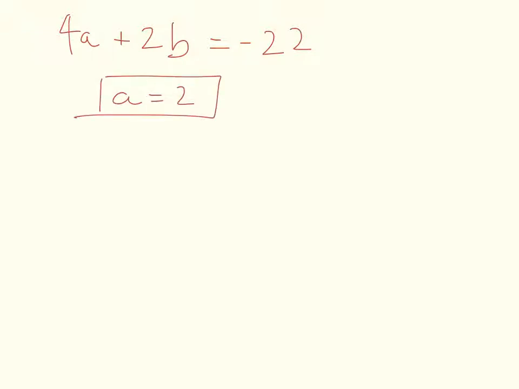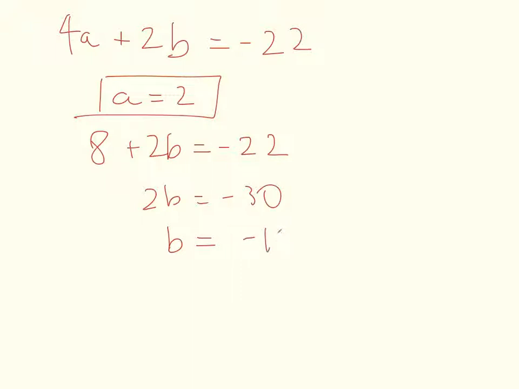So my 4a plus 2b is going to equal negative 22. Now I know my value for a here, don't I? I know a is 2 from previously, so I can say 8 plus 2b equals negative 22, or 2b equals negative 30, and b equals negative 15.